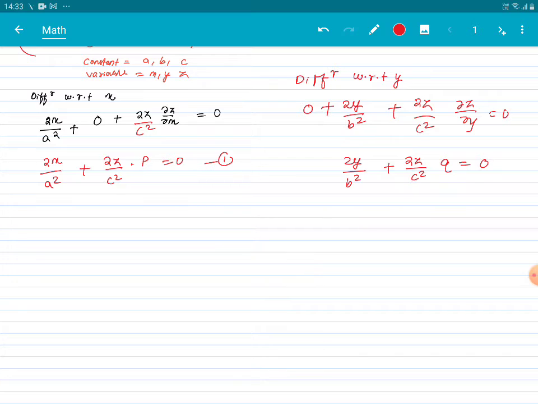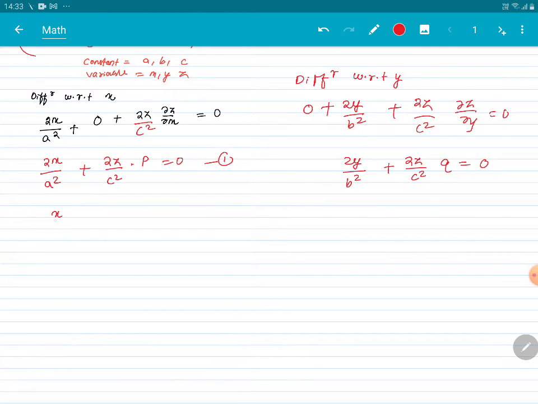Okay, now how to solve this? Now remember, with respect to x also done, with respect to y also done. Now is a square. Can I take 2 common everywhere? Okay.